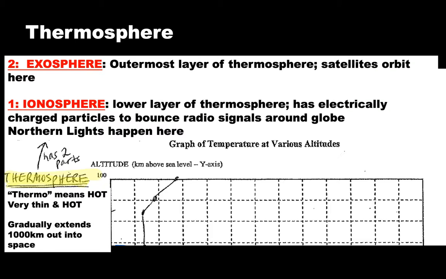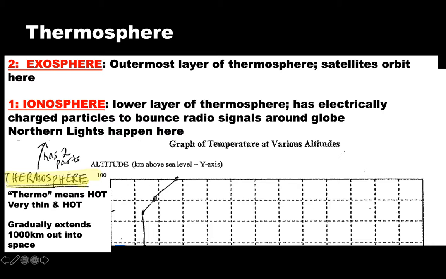Now, I want you to first label your thermosphere. Okay? Thermo means hot. Think about a thermostat or a thermos. This area is very, very thin, and it's very hot because the particles are moving quickly. It doesn't mean that it is very warm in terms of temperature because these particles are so spread out, they don't touch one another very often.